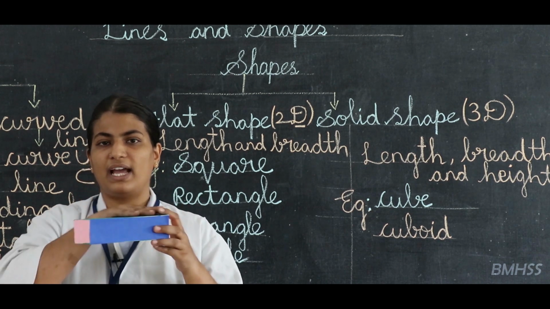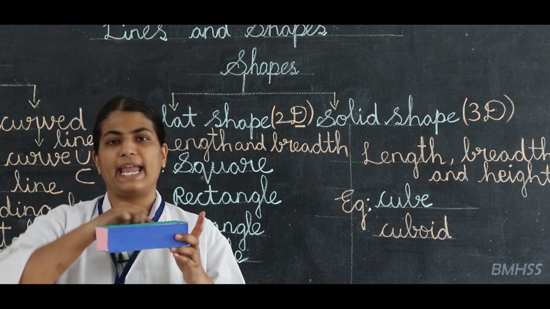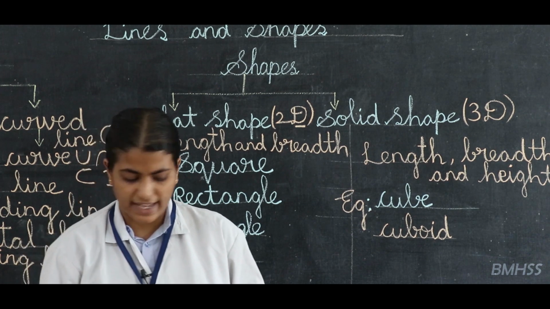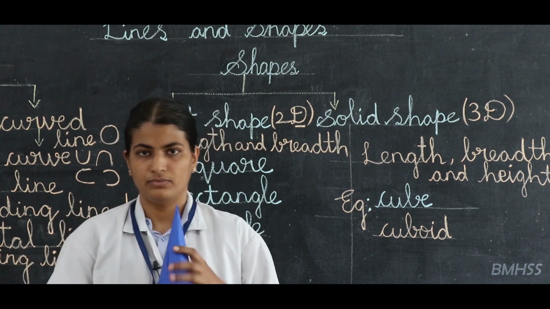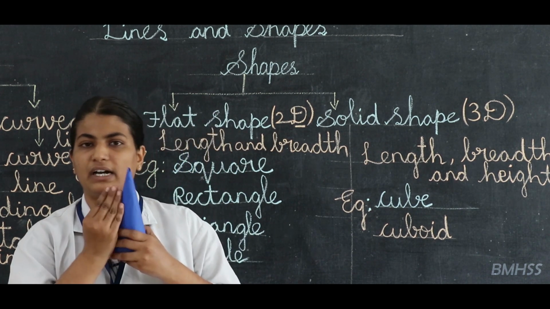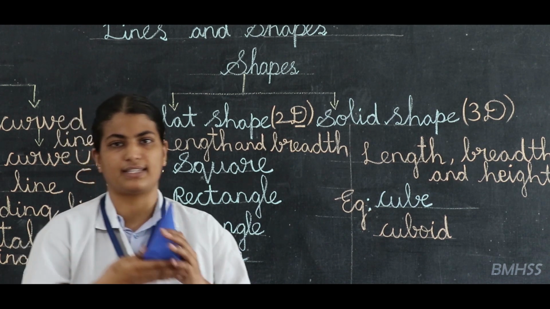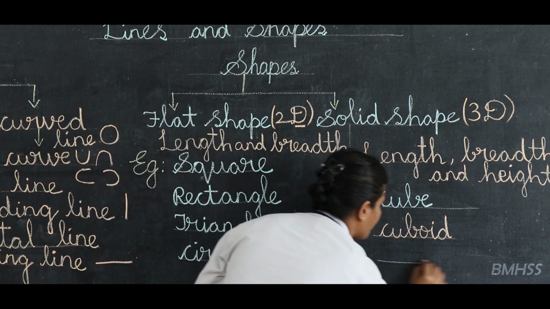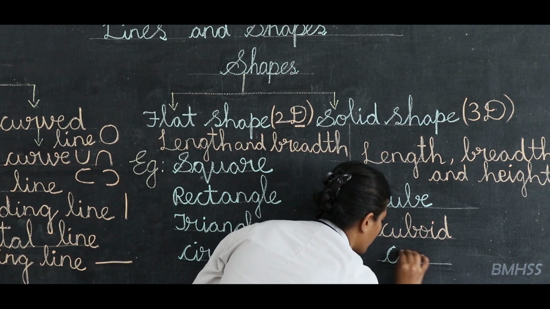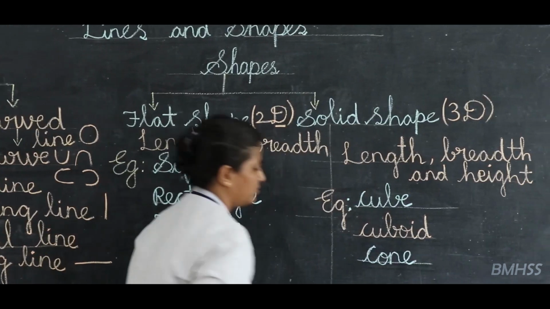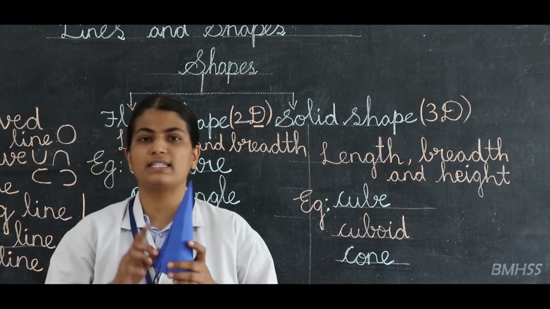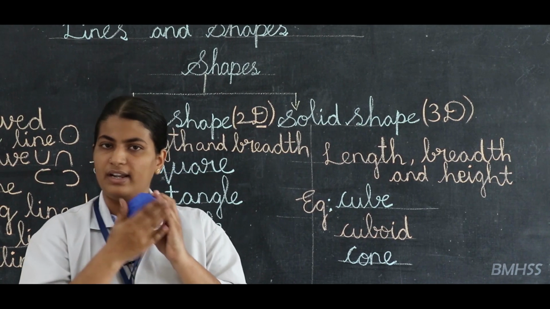So you will have 6 flat faces and 8 vertices. The third example is cone. Cone has 1 curved face and 1 flat face.